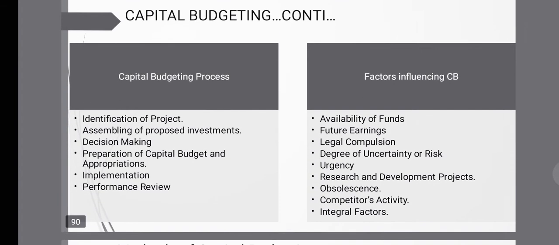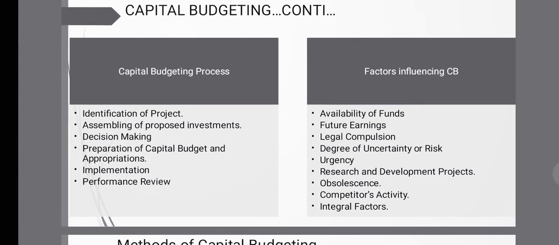Now, the capital budgeting process: first of all, you identify the project, then assemble the proposed investments, then decision making, preparation of capital budget and appropriations, then implementation, and then project review. So this is the capital budgeting process. First you identify the project, then assemble the proposed investments, then decide that yes, we are going with this project, then prepare the capital budget and appropriation, you implement the project, and then you go for performance review.